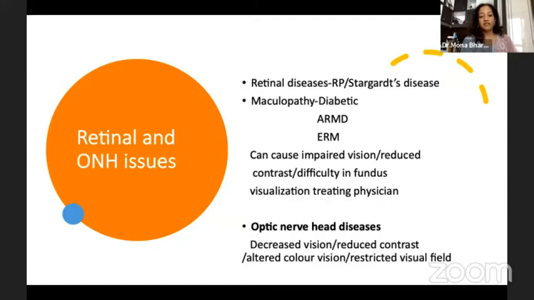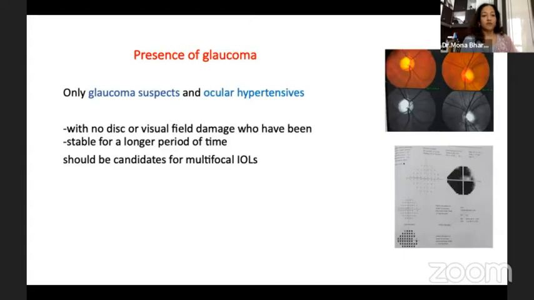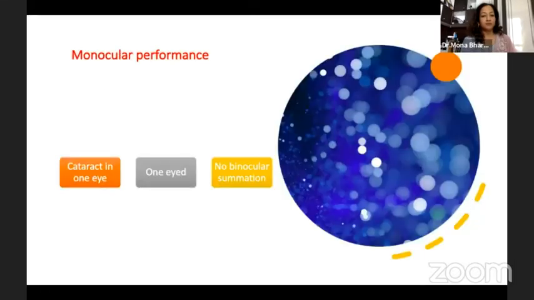Optic nerve head diseases can lead to decreased vision and contrast and restricted visual field. Glaucoma suspects and ocular hypertensives with no disc or visual field damage who have been stable for a prolonged period of time should only be the selected candidates for multifocal IOL.